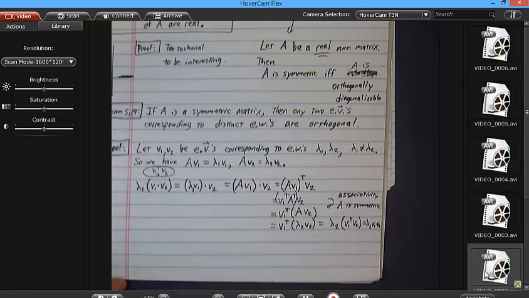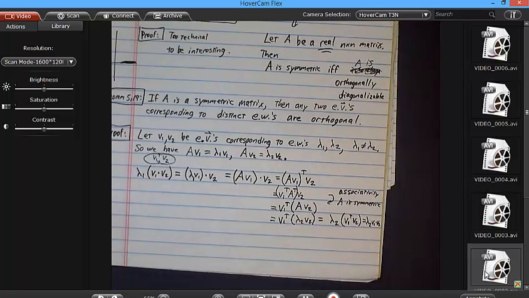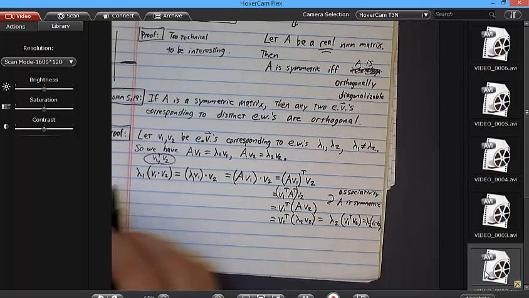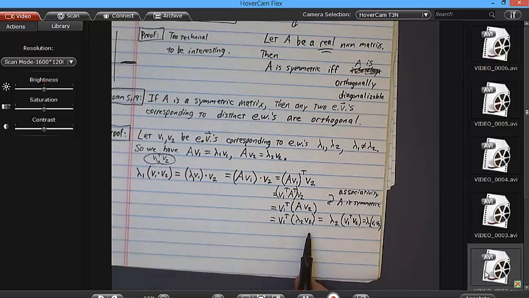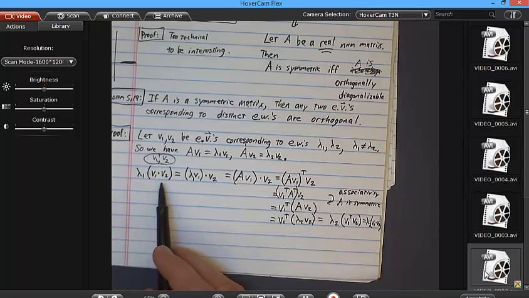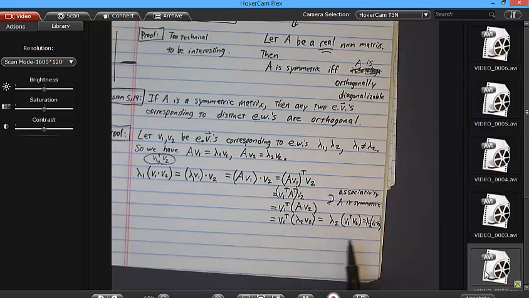Let's see what's going on here. So what the heck did I just do? I basically did a whole bunch of manipulation, and I got that lambda 1 times V1 dot V2 is exactly equal to what? Lambda 2 times V1 dot V2.